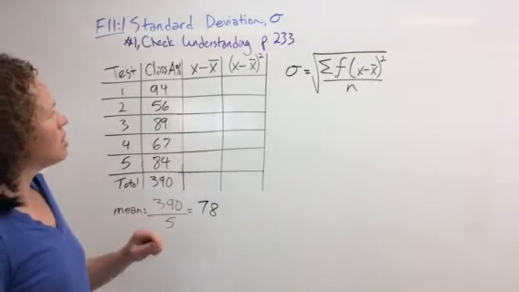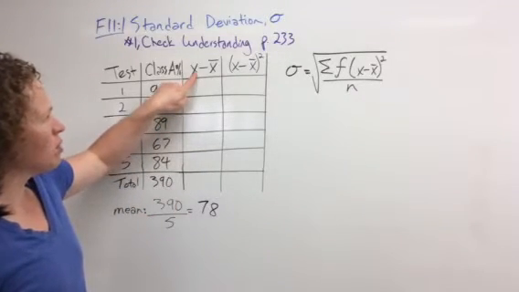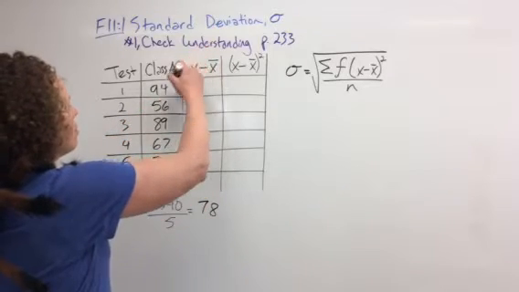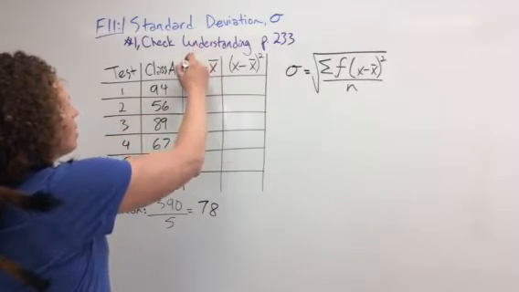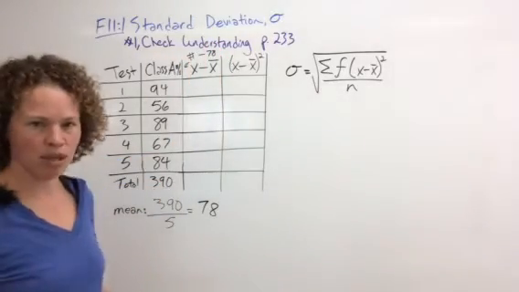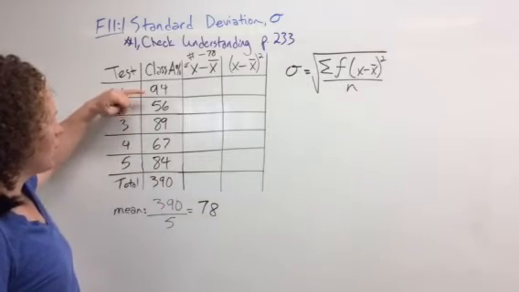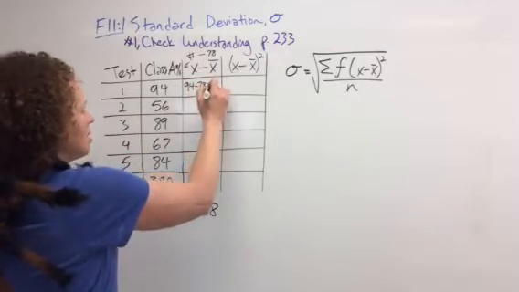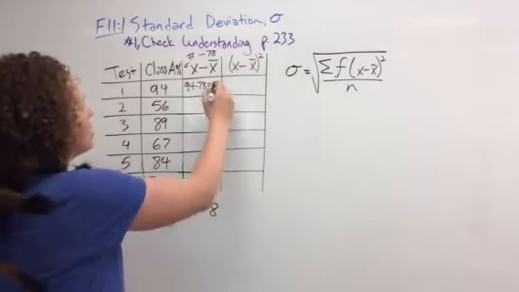The next column asks, what's the difference between my value and the average? That's the number in that column minus 78. I'll write the first one out: 94 minus 78 gives us 16.